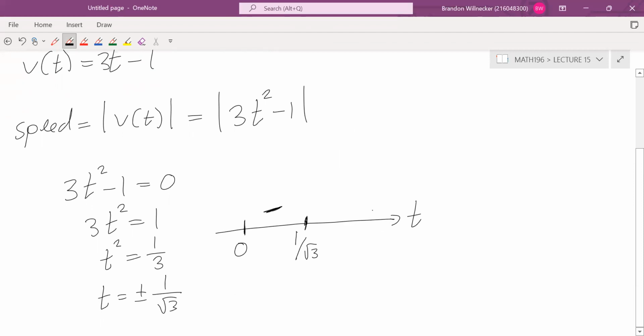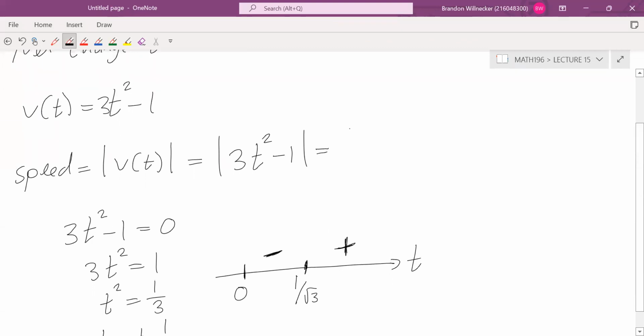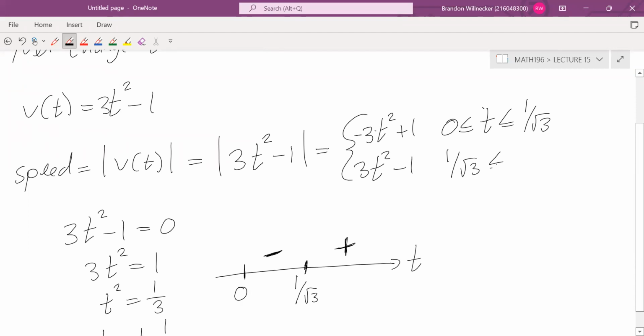And then after 1 over root 3, we know that it's going to be positive. So that means we can rewrite this absolute value as minus 3t squared plus 1 between 0 and 1 over root 3, and it's going to be 3t squared minus 1 from 1 over root 3 onwards. Okay, so let's say we're trying to find the distance traveled between 0 and 1 second. Or let's say 2 seconds, so to 2.